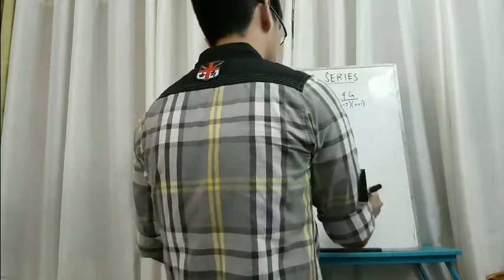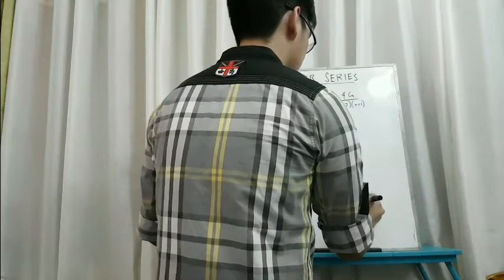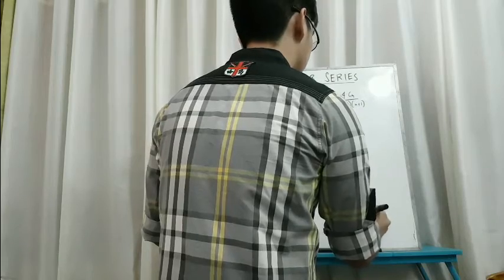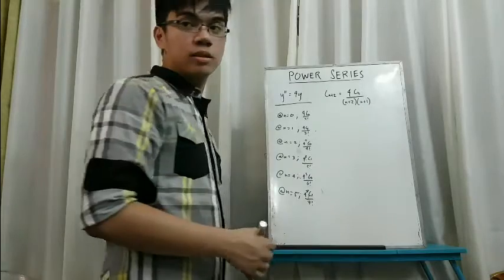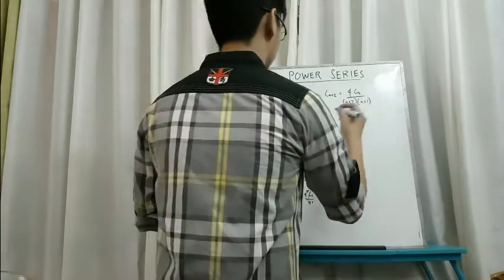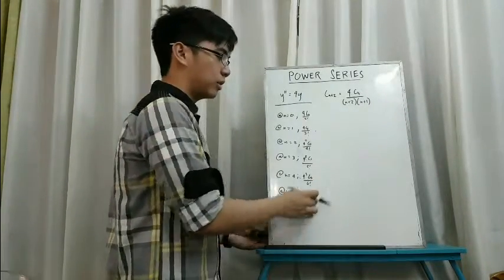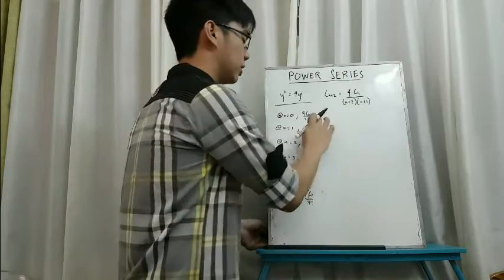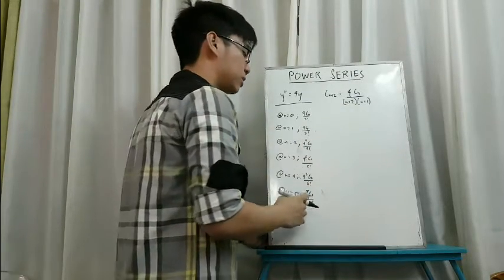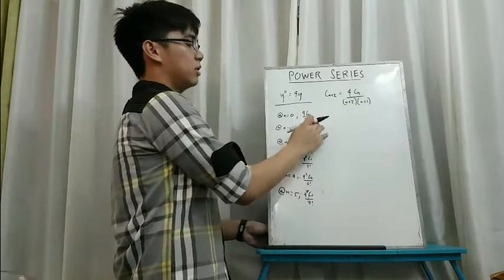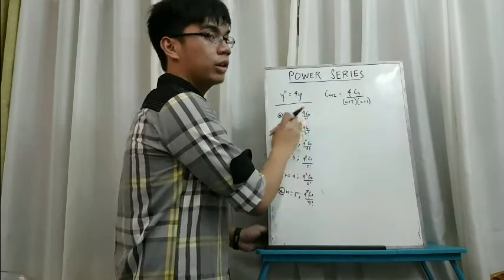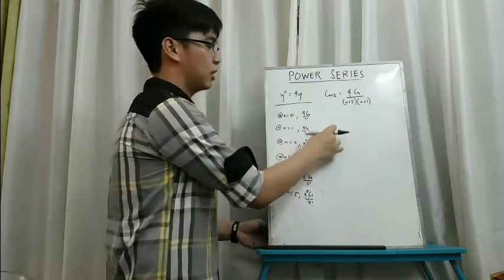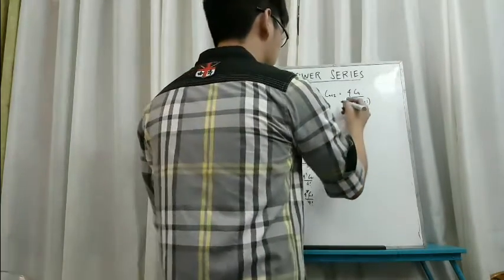Plugging this in would give us 4 cubed C1 all over 7 factorial. So for the last part, we will get the formula for this one. As you can see, similar to our previous examples, the C0 and C1 alternate for even and odd numbers, as well as their denominators.